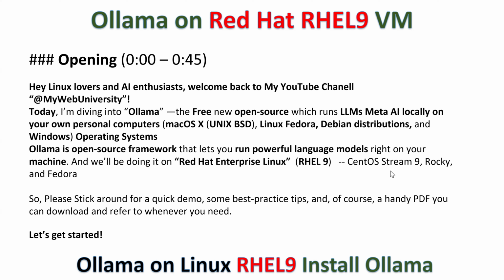Rocky 8.6 came in, and now the latest version of Rocky is up to date with Red Hat 9. And then there's also the Fedora distribution, where you can get Fedora 35, 45, all those versions. They are also open source. So whether you're doing Red Hat, CentOS, Rocky, or Fedora itself, they're all Fedora distributions.